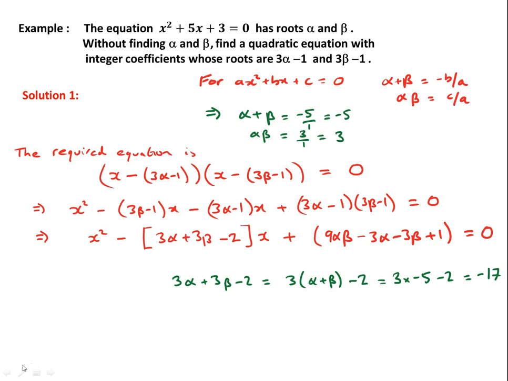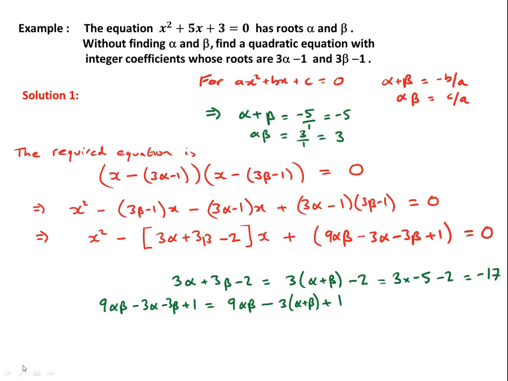And 9 alpha beta minus 3 alpha minus 3 beta plus 1 is the same thing as 9 alpha beta, take away 3 lots of (alpha plus beta), add 1. I know that alpha times beta is 3, and alpha plus beta is minus 5.